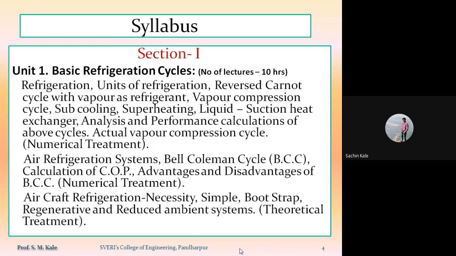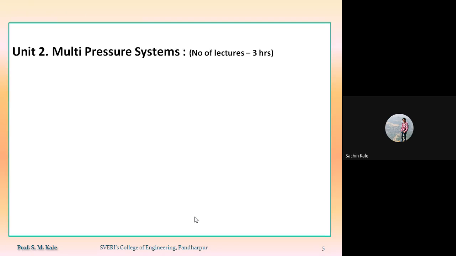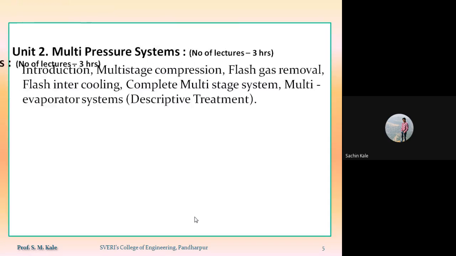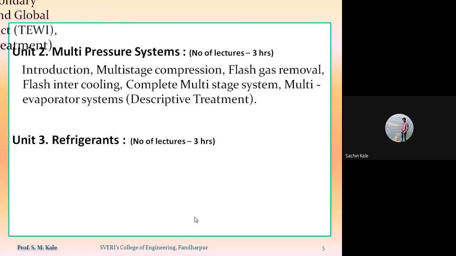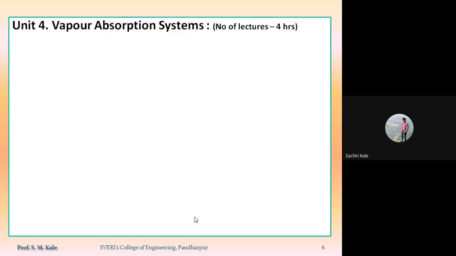The first chapter is the basic refrigeration cycle. 25% of the syllabus of the entire subject is in chapter number 1 itself. The second chapter is multi-pressure system, the third is refrigerant, and the fourth is vapor absorption system. We discussed these chapters in the last lecture.